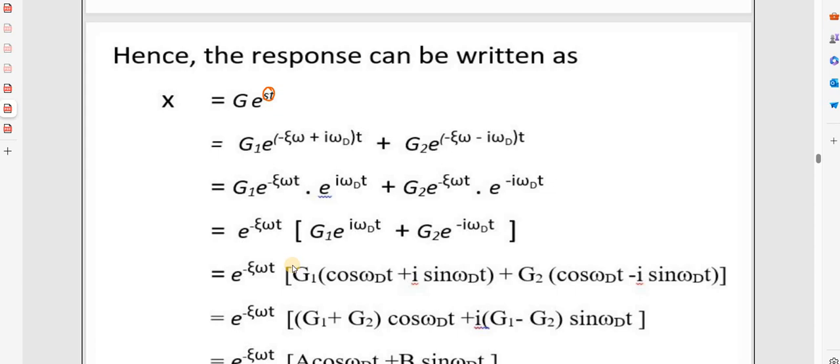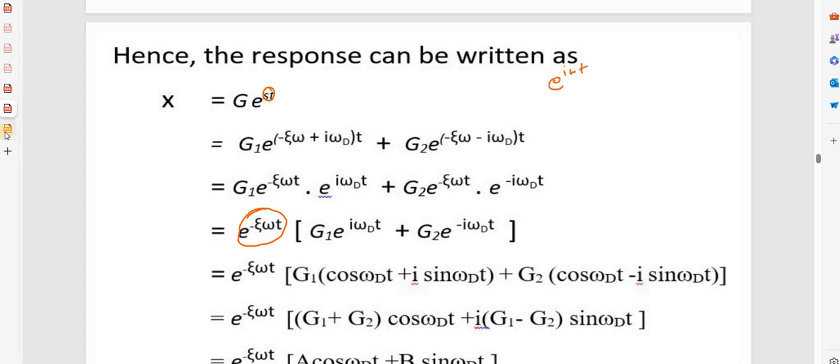Now I am just expanding this, and I can take this as a common factor. Now g1 into e raised to i omega d t minus i into, so here I think you know, if I substitute e raised to i omega t, this can be written as cos omega t plus i sin omega t, or e raised to minus i omega t can be written as cos omega t minus i sin omega t.